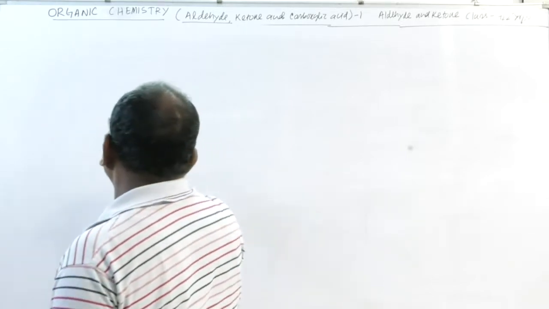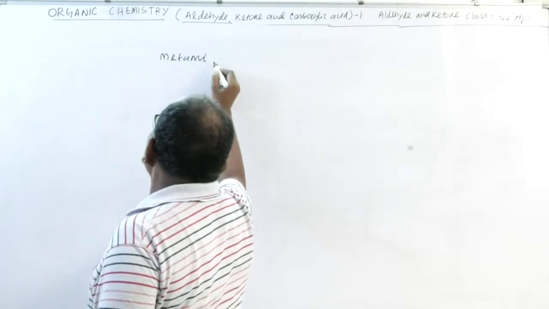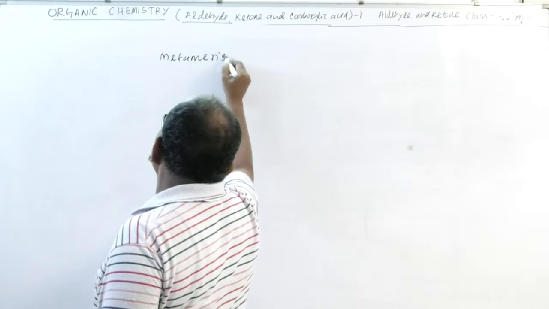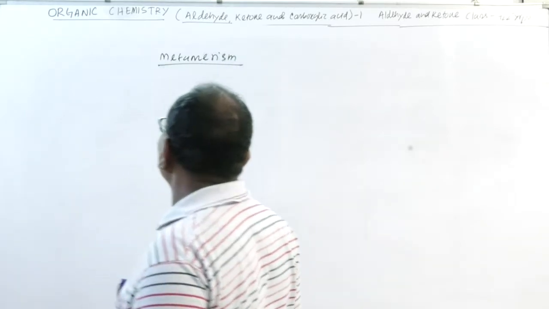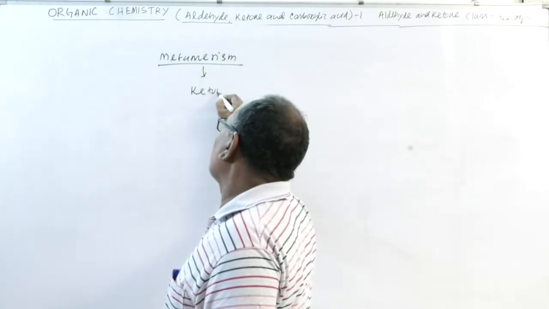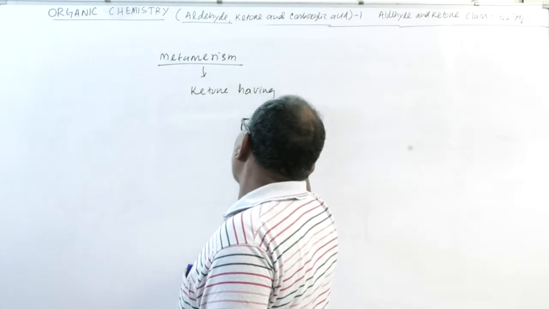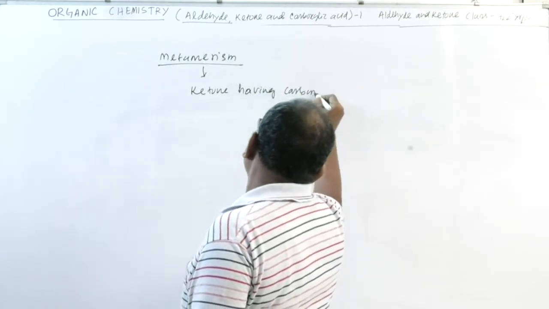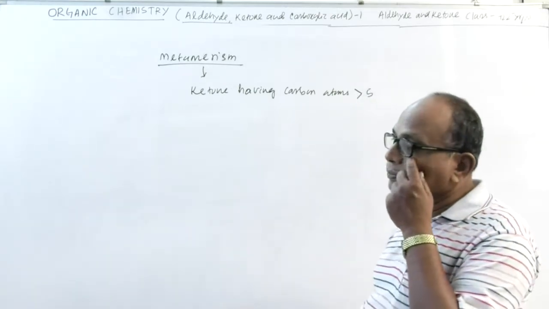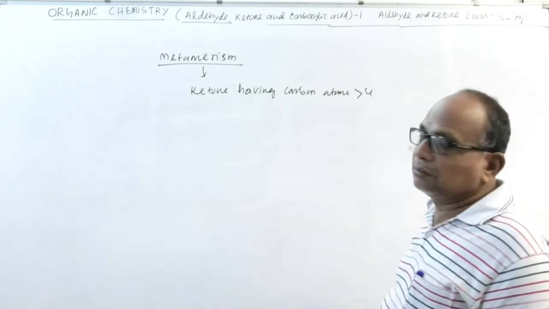Okay, and now come to the ketones: metamerism. Metamerism is shown by ketones having more than 4 carbon atoms.